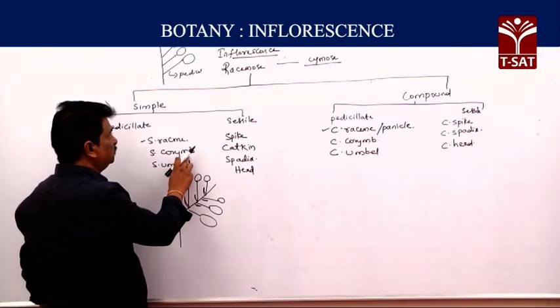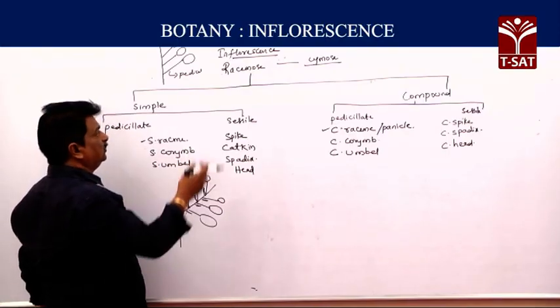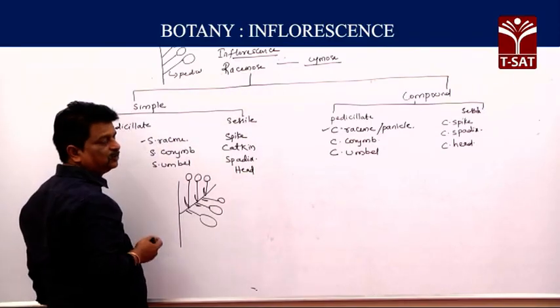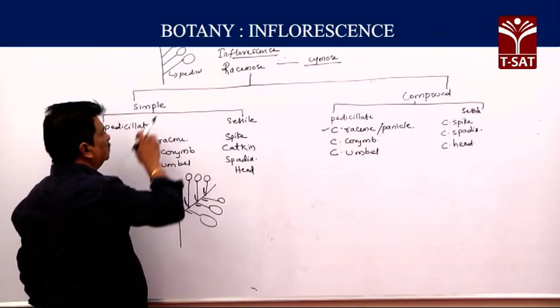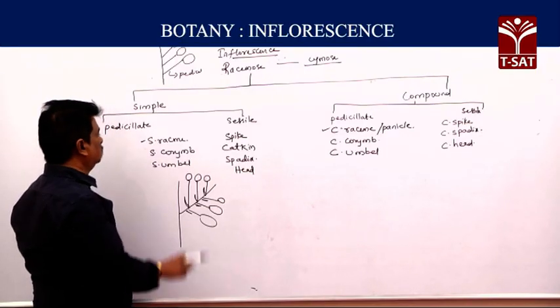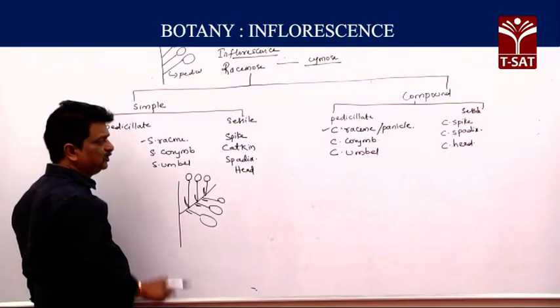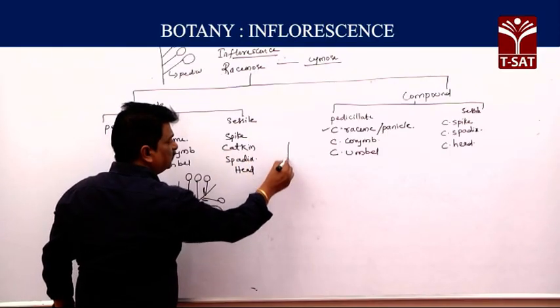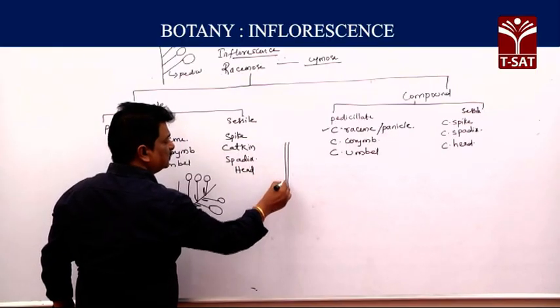So the next one, simple corymb. Simple corymb has the same characters: the peduncle is unbranched, the peduncle grows indefinitely, and the flowers are pedicellate. But the identification for corymb is that every inflorescence has one identical character.